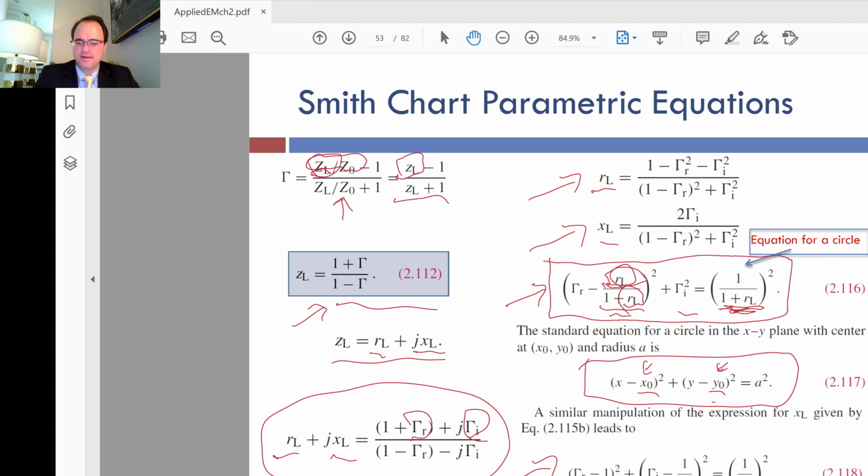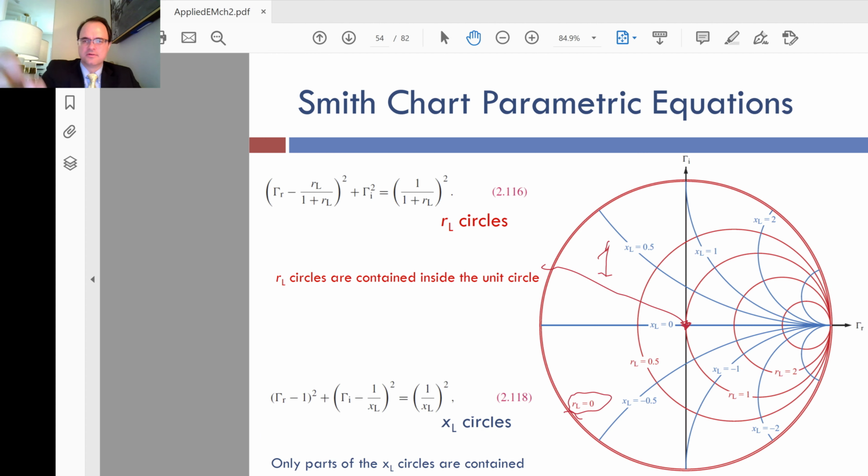So as my RL value becomes larger, our circle will shift to being centered about positions that are getting closer to this value of 1 as RL becomes infinitely large. And as well as shifting its center, the radius becomes smaller and smaller. And we see that both of those things happen.